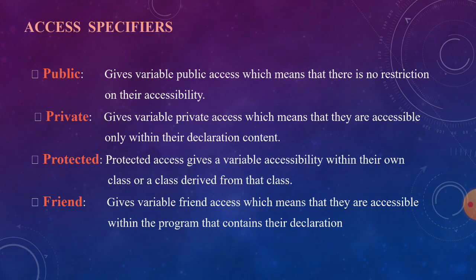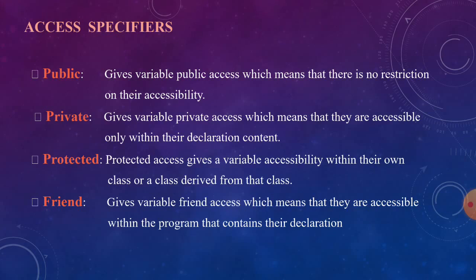When coming to Private, it gives a variable private access, which means that it is accessible only within its declaration context. So if you want to access it only at a particular place, then we must give private access. Next, Protected.